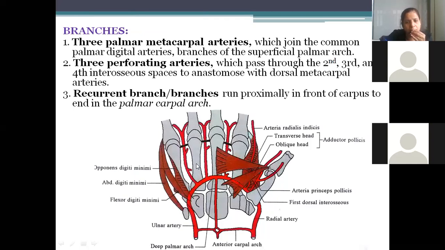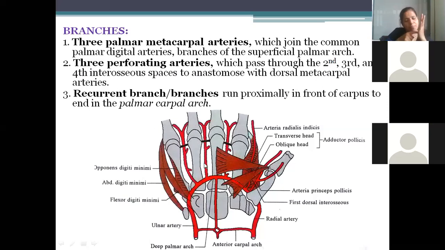Then from these palmar metacarpal arteries, are you finding these small branches like this? These are called perforating arteries. The perforating arteries pass through the second, third, and fourth interosseous spaces, because counting starts with the thumb, to anastomose with the dorsal metacarpal artery.